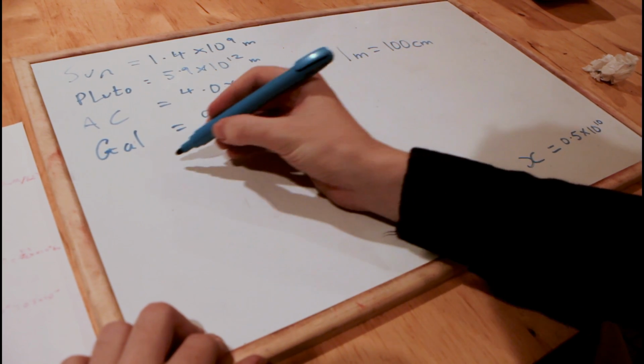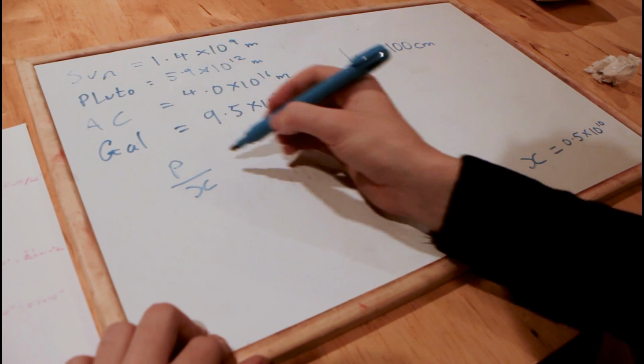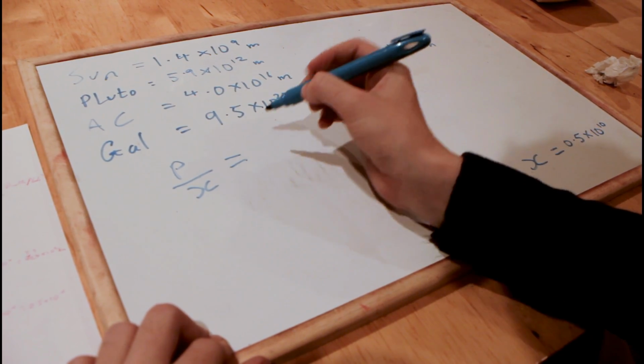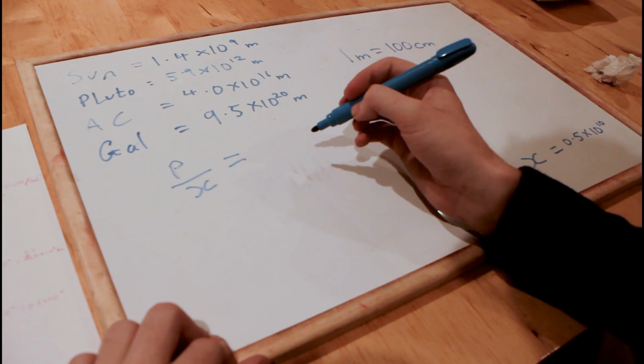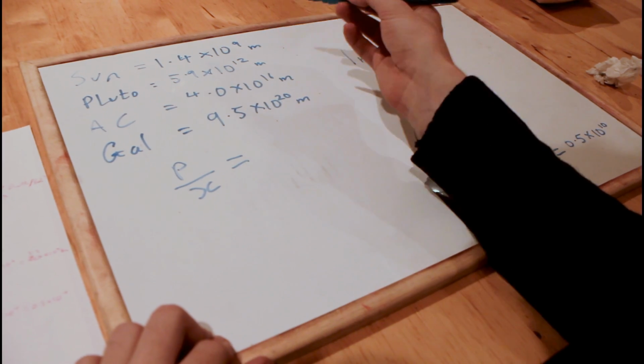So simply enough, all we do is we take the distance to Pluto, we divide it by x, and that will give us our new scaled value. And our value for x is already here, so we already have everything that we need.